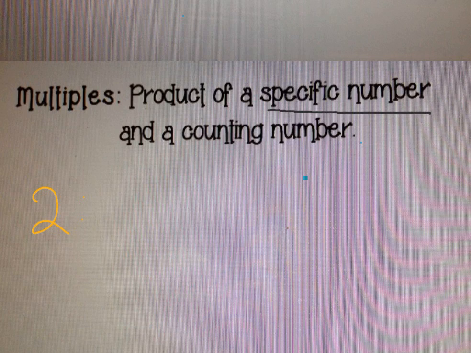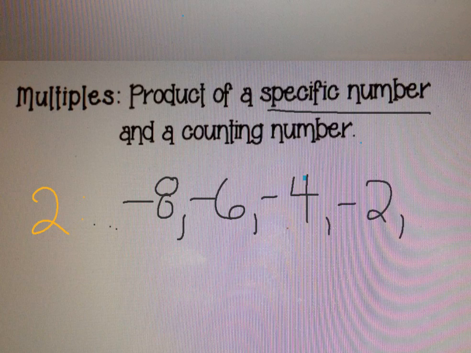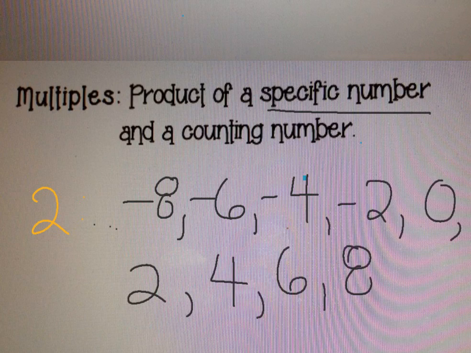So the multiples of 2, some examples would be -8, -6, -4, -2, 0, 2, 4, 6, 8, and so on. So the way we're doing this is we're just taking our specific number and multiplying it by any counting number.